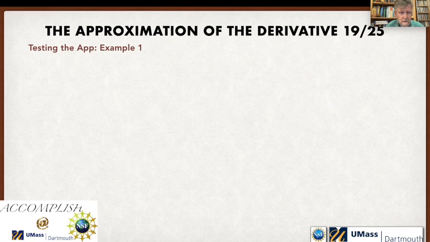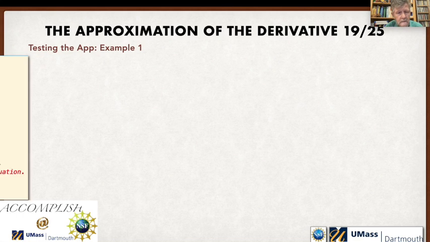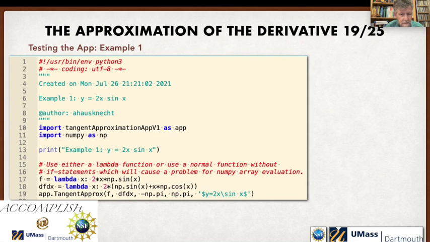So now I'm going to show you a series of examples of how to use your own test functions with the app. To do that, you're going to have to learn how to write Python functions that include the use of both lambda functions and also the try except statement. So here is an example.